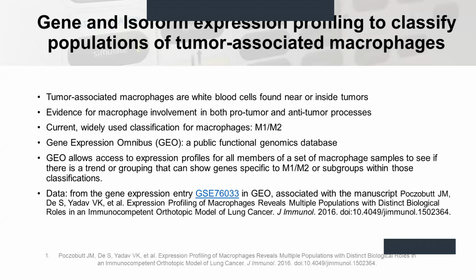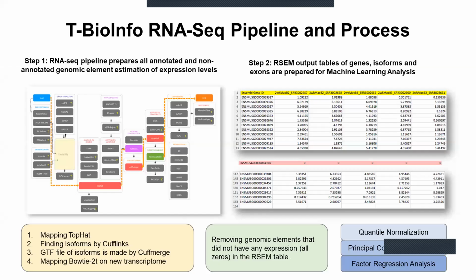First, let's do a brief recapitulation of what we did before. Right here, you can see something about genes and isoforms, expressions. As I said, we run NGS pipelines before, so we use algorithms like PCR clean, Trimomatic, HISAT, Cufflinks, Cuffmerge, Bowtie.